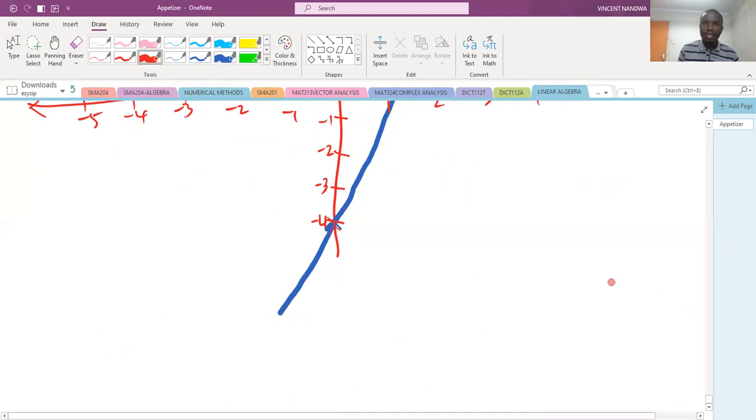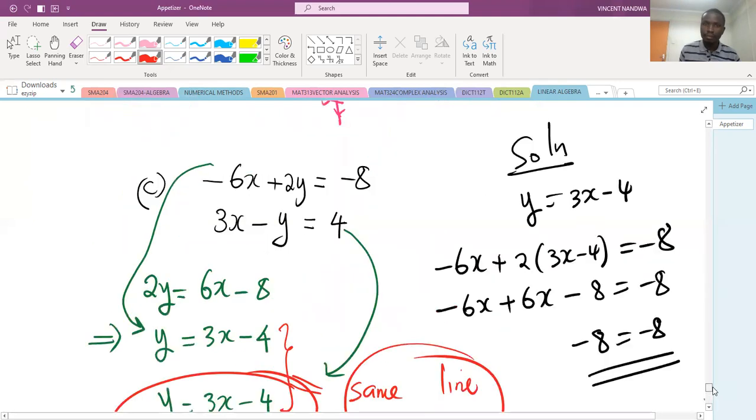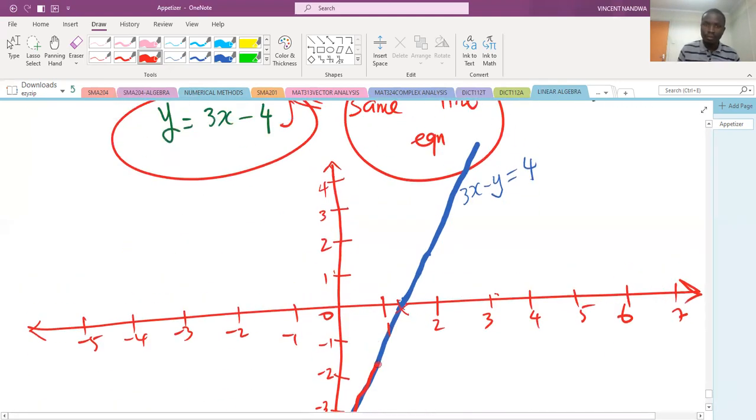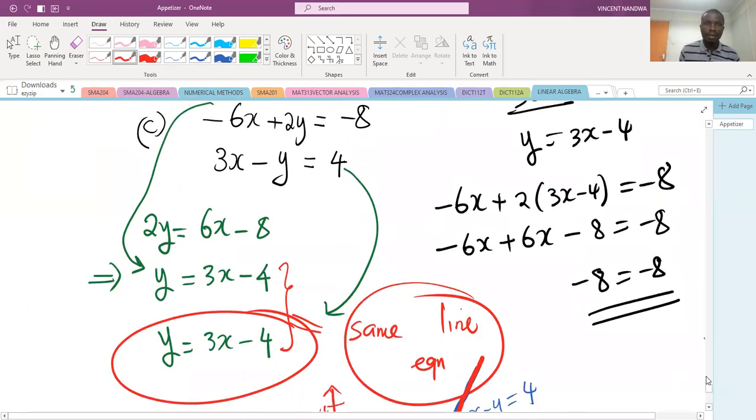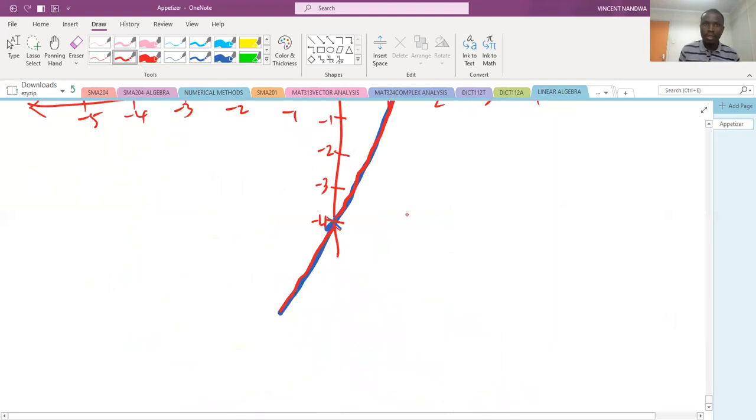So if I draw that, the one in red is what gives me minus 6x plus 2y equals minus 8.